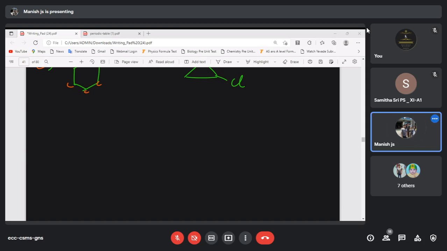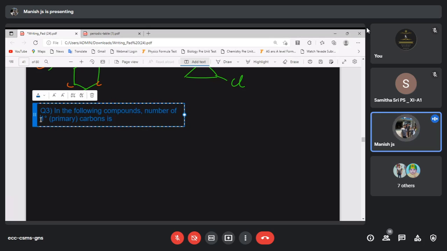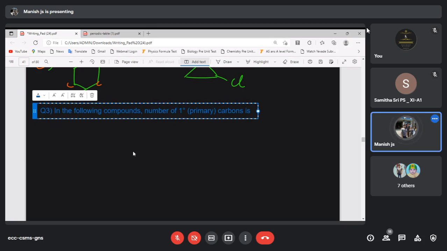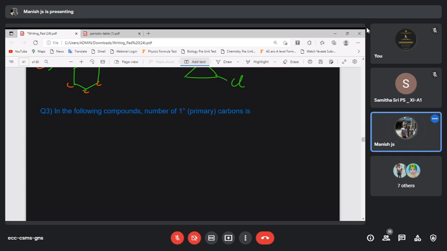Next question is this. The third question. Now I'll give the structure. Meanwhile, just go through it. In the following compound, the number of 1 degree primary carbon is. So you have to find out the number of 1 degree primary carbons. Okay, so I'm giving you the structure.